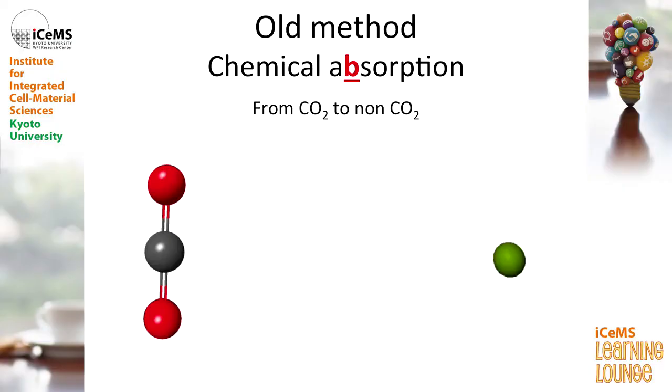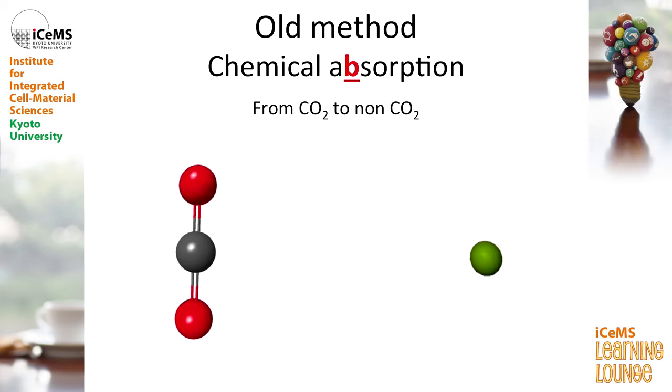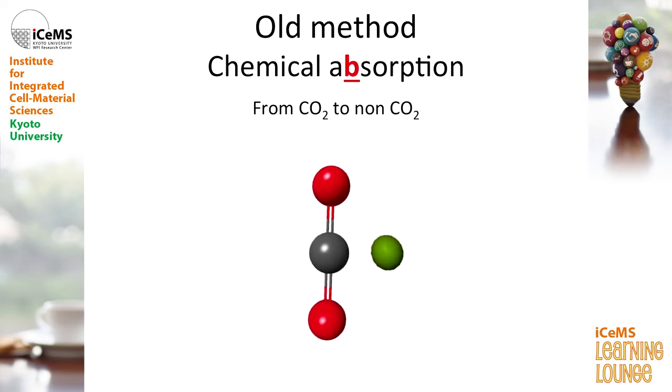In this situation, you react carbon dioxide molecules in the liquid phase with other molecules, and you form new molecules that you can easily isolate. However, this process requires a lot of energy. You need a lot of energy, first of all, to make this reaction happen, and then you need a lot of energy to recover carbon dioxide afterwards from these molecules. So overall, there is a huge energy penalty from this chemical absorption.